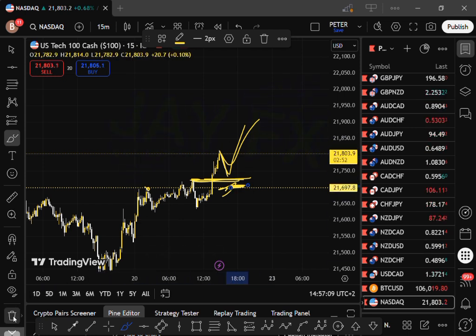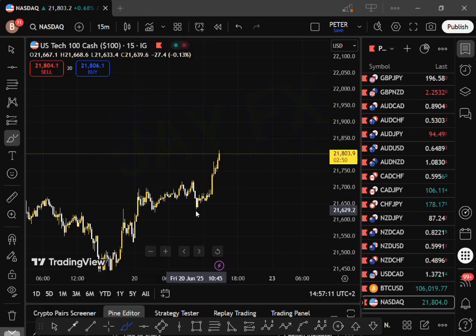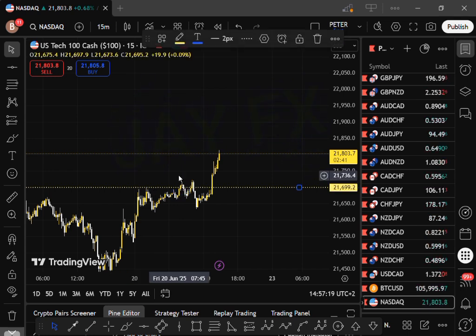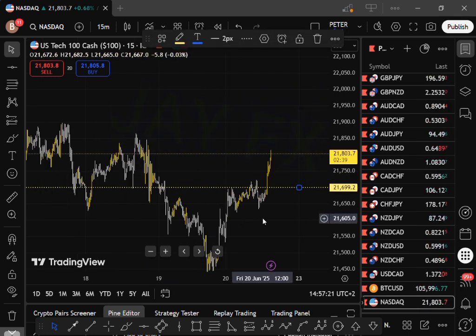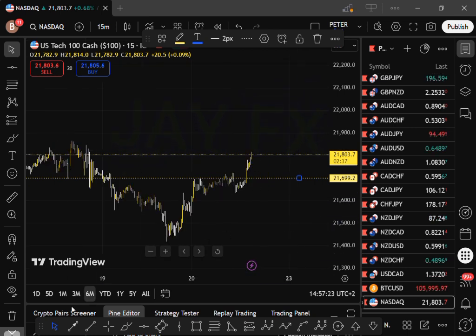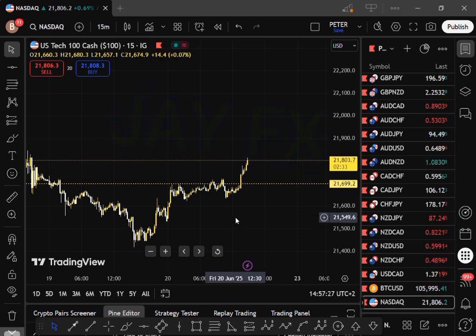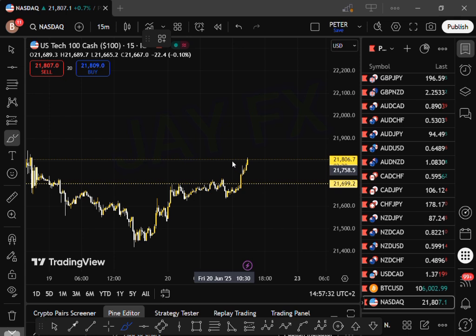So now what we're going to do is move our stop loss there, and then we just hold our Nasdaq. If it reaches the first TP, then it will depend on market condition. As you can see, the market is not moving that much, but I'm not ready to close it.